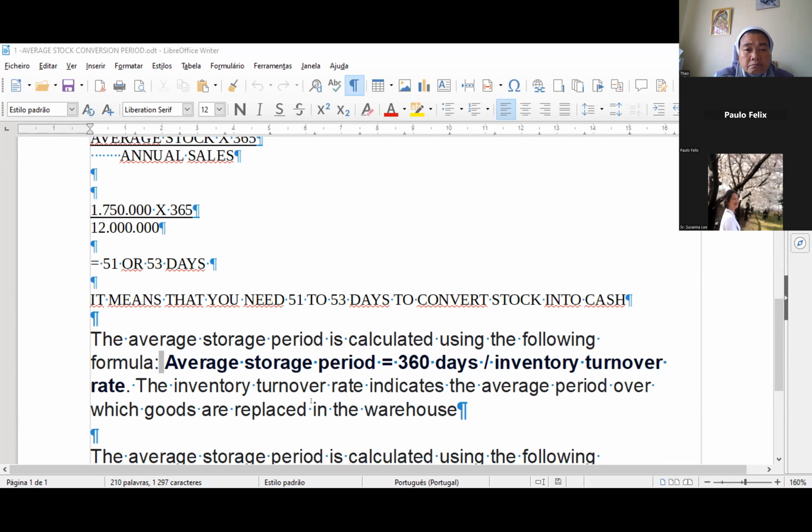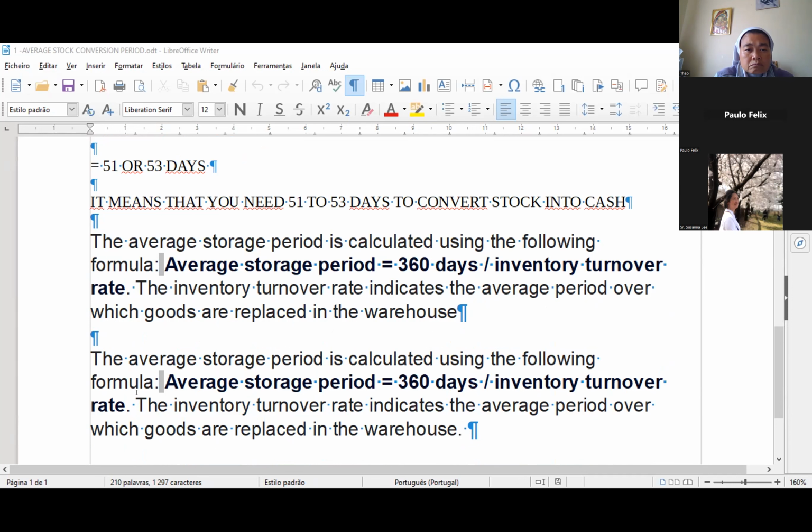The inventory turnover rate indicates the average period over which goods are replaced in the warehouse.